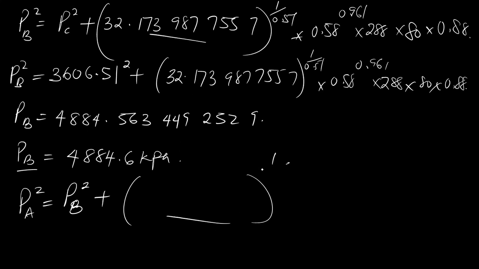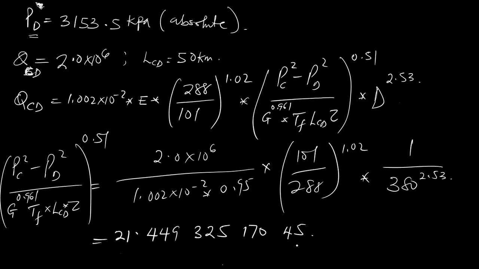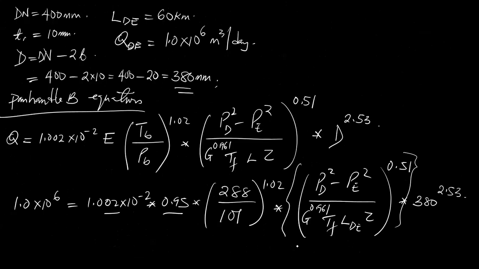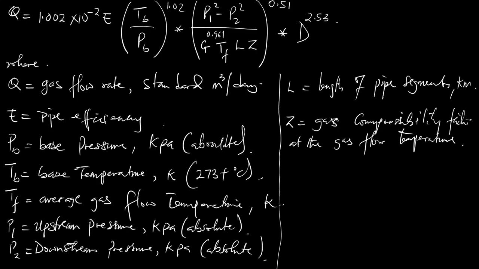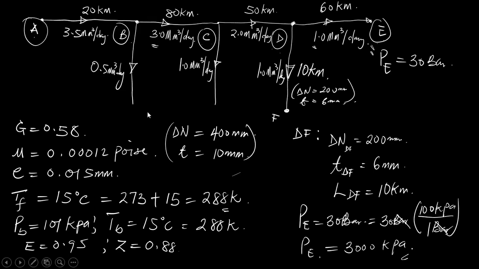So we'll just say 1 all over 0.51 times this 0.58 raised to power 0.961 times 288 times, now the length of the segment, which is 20. So from A to B is 20.